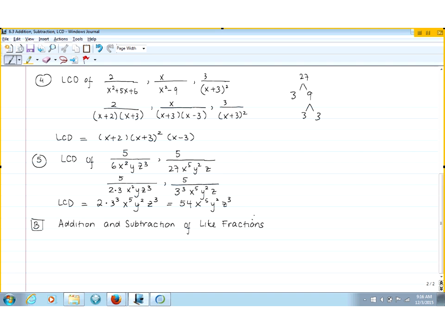To give you an example, what happens if I have to add or subtract? Number one, that's easy. x squared divided by x squared minus 9, minus 3x divided by x squared minus 9.